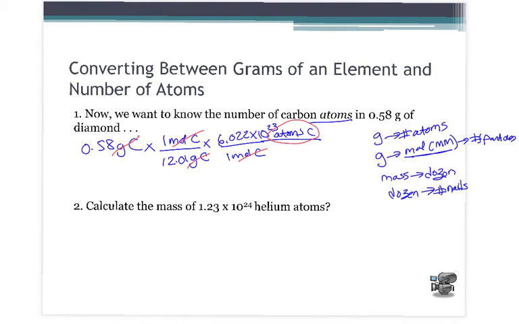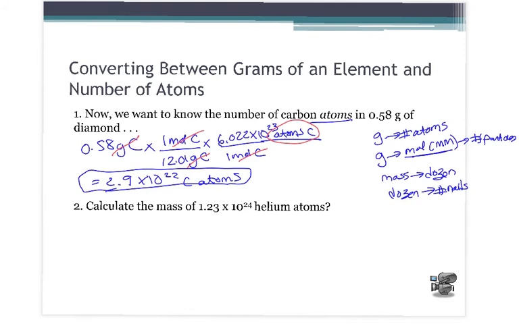And this gives us 2.9 times 10 to the 22nd carbon atoms. And this makes sense because it's such a big number, and atoms are very small, so we would expect to have such a big number.